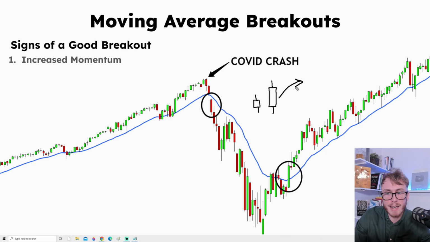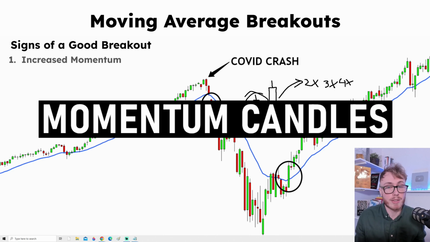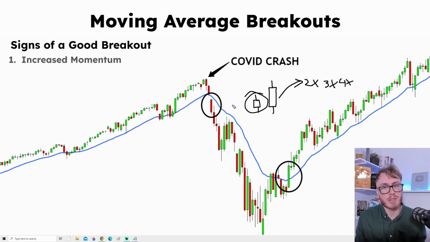And when a candle is at least twice as large, but preferably 3 times or 4 times as large as the previous candles, then we usually call them momentum candles. So when we see the breakouts here, preferably we want to see momentum candles.